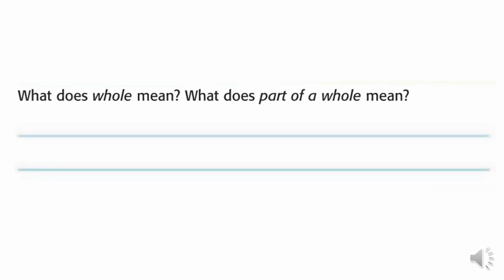Part of a whole. La parte de un entero. ¿Sí? Okay, very good. You're going to write down what you understood over there, please. And remember that we're going to check the answers when we get in the classroom.